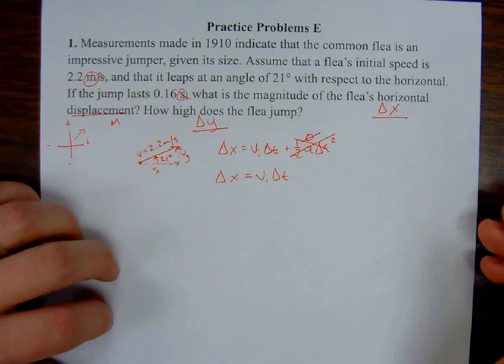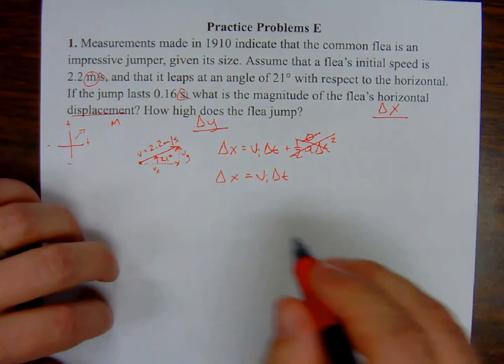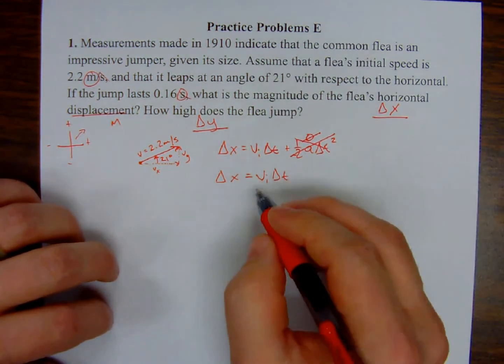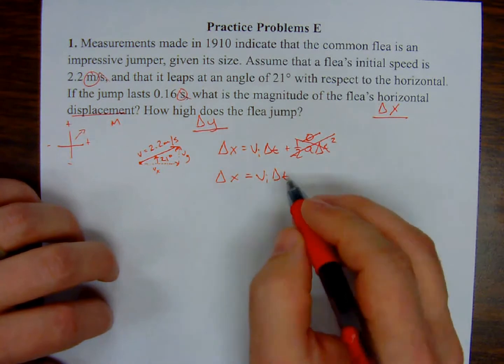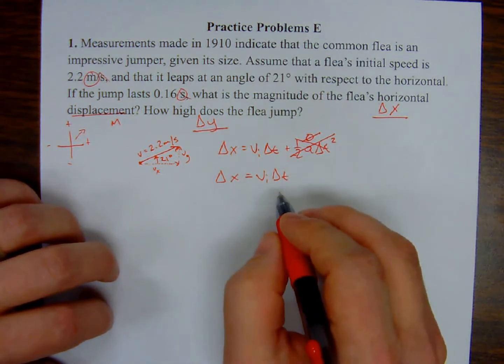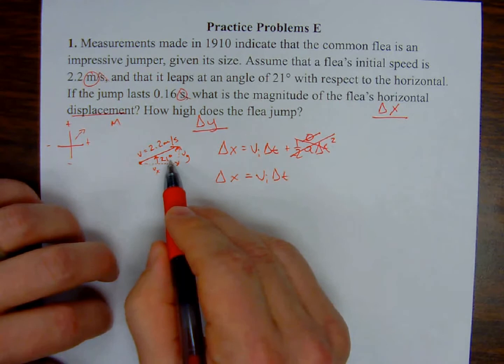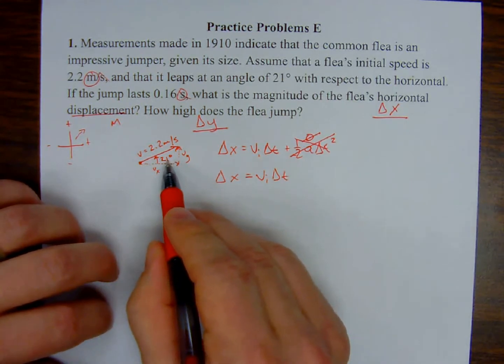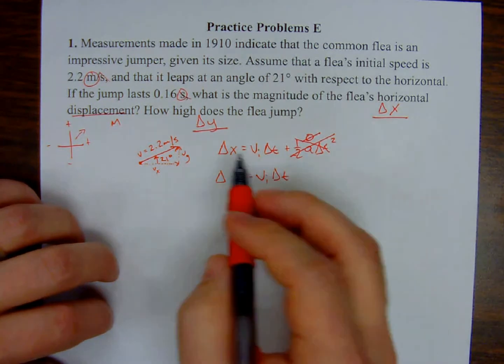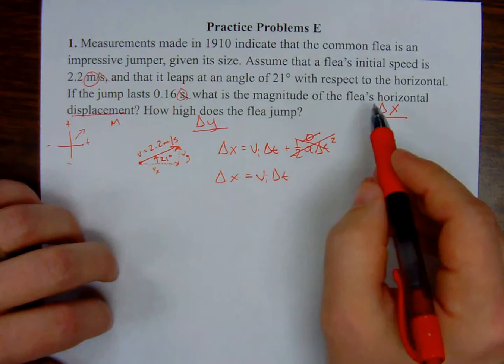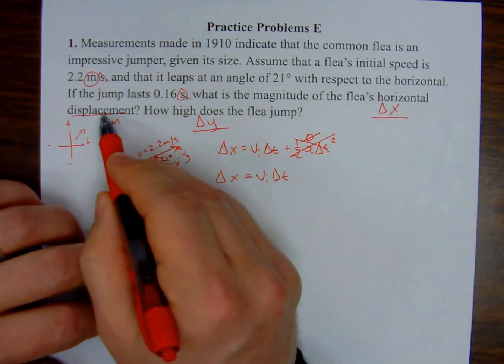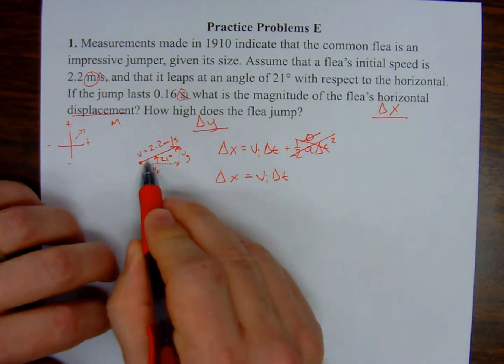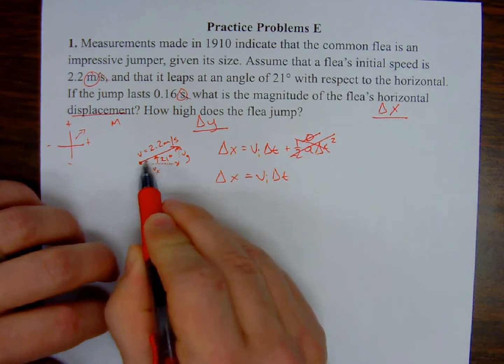So I'm going to have to use either the sine or cosine function, I haven't thought about it yet, and this 21-degree angle. I'm looking for horizontal displacement. Here's my angle. Should I use sine or cosine of 21 degrees? Looking for the x component, that's going to be adjacent over hypotenuse. So that's going to be cosine.